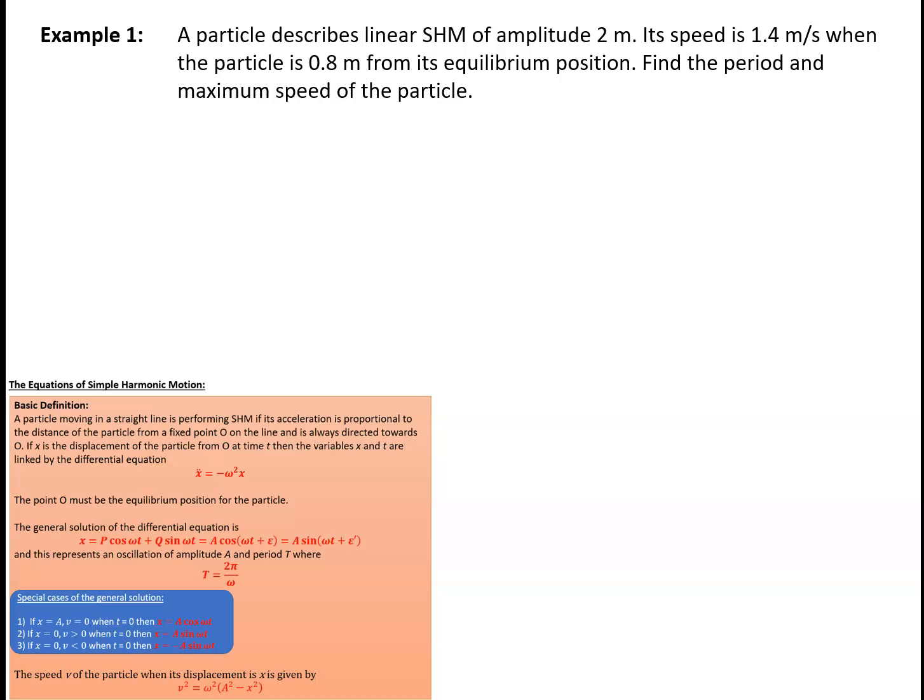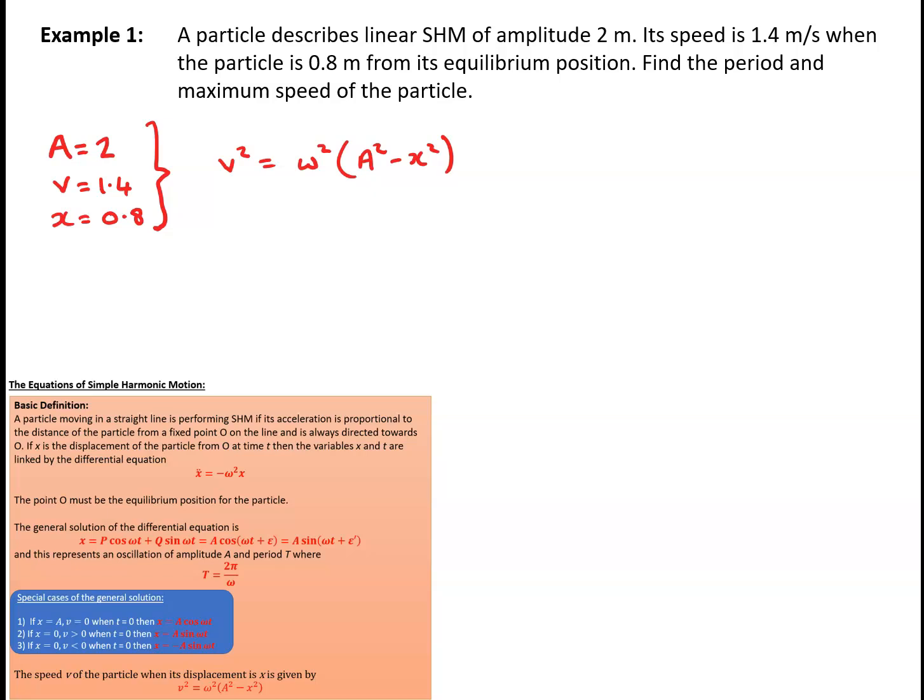In this case, we're going to be using the equation v squared equals omega squared times a squared minus x squared, because we've been told the value of the amplitude, the speed, and a corresponding displacement, and this equation will enable me to work out the value of omega.